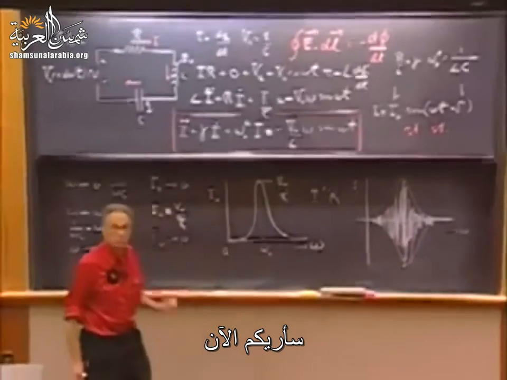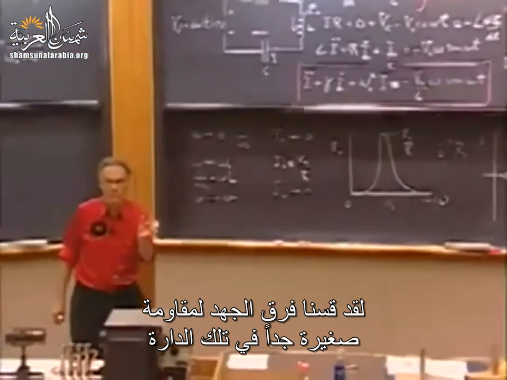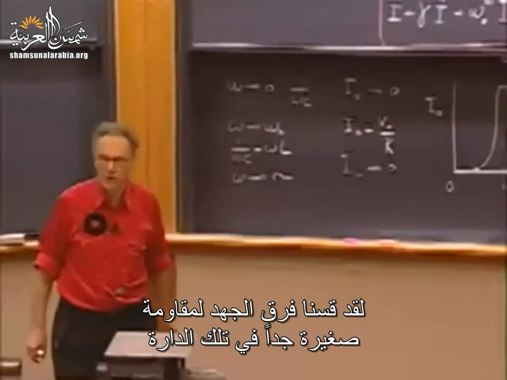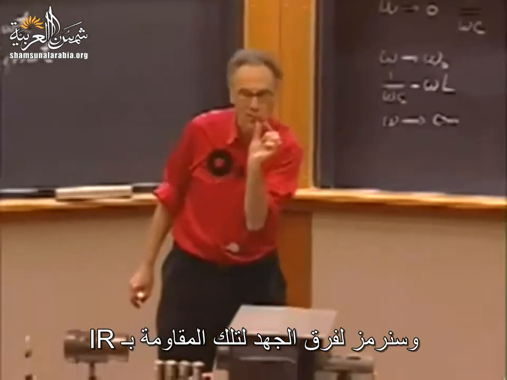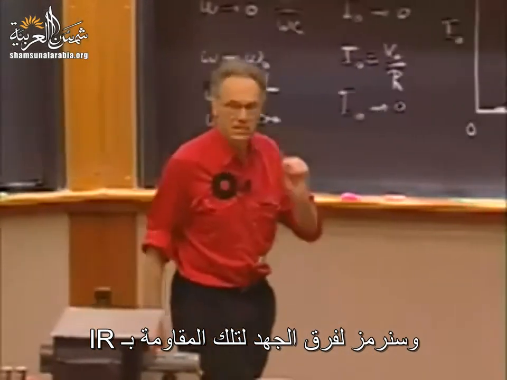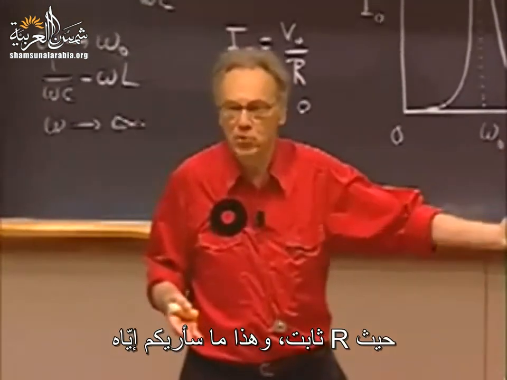And what we're going to show you: we measure the potential difference over a very small resistor, which is somewhere in that circuit, 1.7 ohms, I believe. And so that potential difference over that resistor is IR, and R is a constant, and that's what we're going to show you.